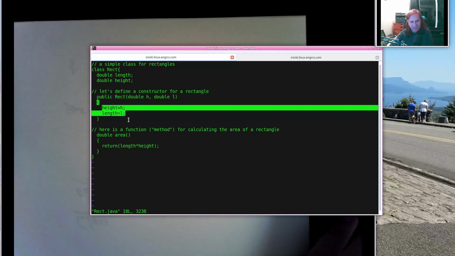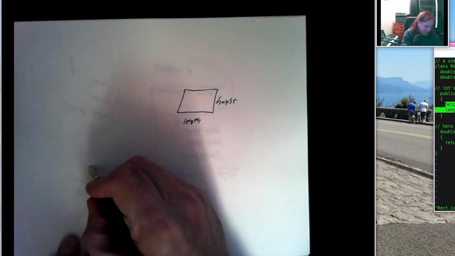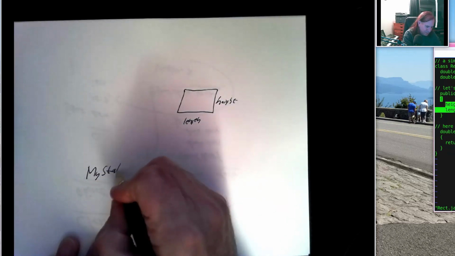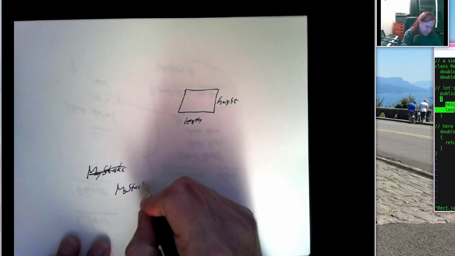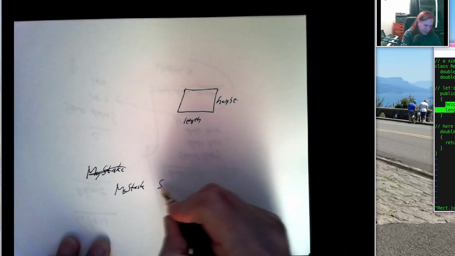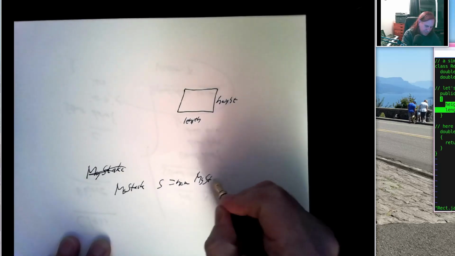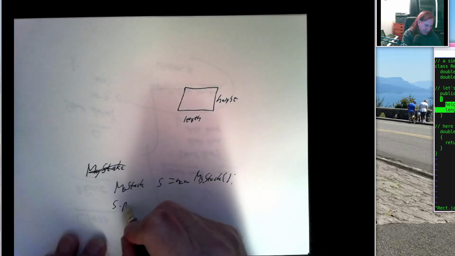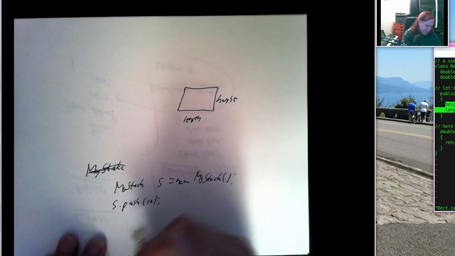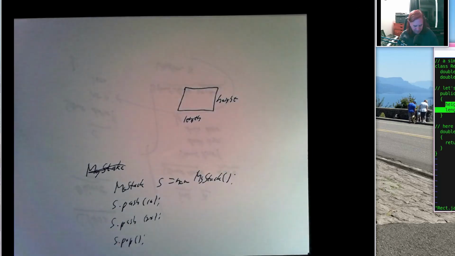And then in my main program, or some calling program, I could have a class called myStack, and I could just call it s. I could construct it as a new myStack, and that would initialize it, and then I could say s.push 10, s.push 20, s.pop, and so on.